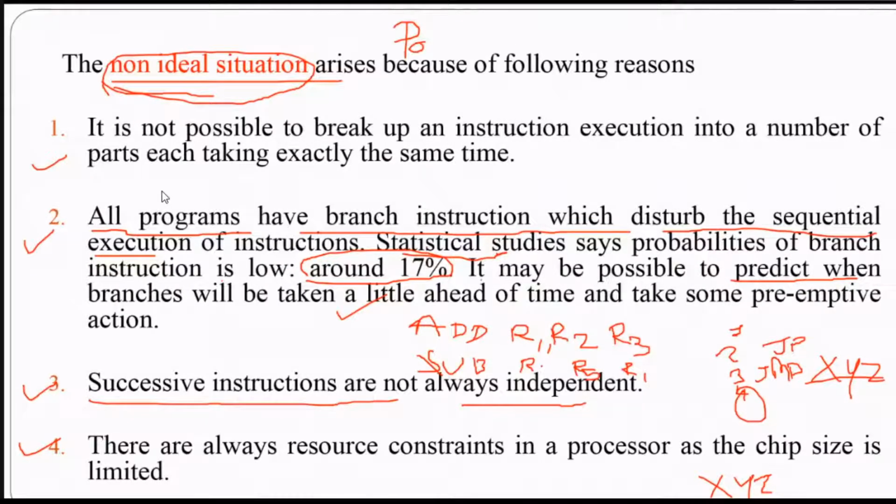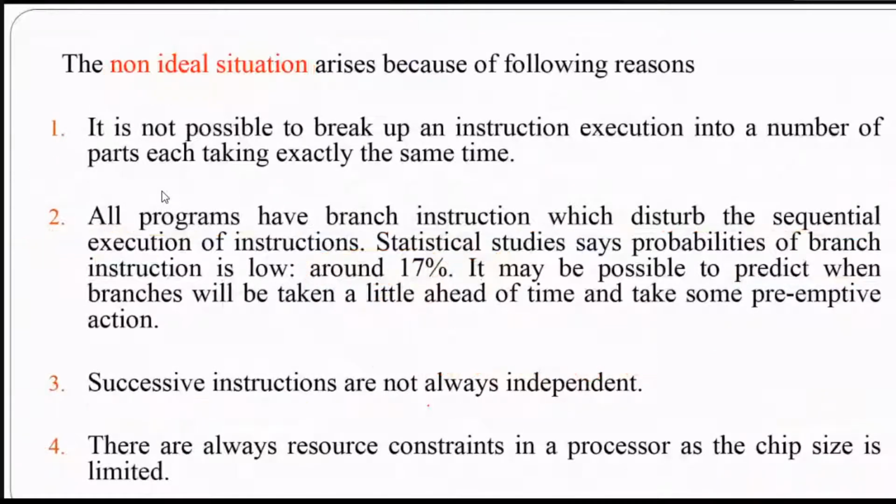So this kind of two consecutive instructions will be there. Then also it will lead to a data problem because यहाँ पे R1 का result आपका ready नहीं होगा. So you cannot start this second instruction जब तक ये instruction complete नहीं होता, आपका pipelining आप start नहीं कर सकते हो. So these are the problems. Successive instructions, if they are not always independent, then also pipelining will have a problem.